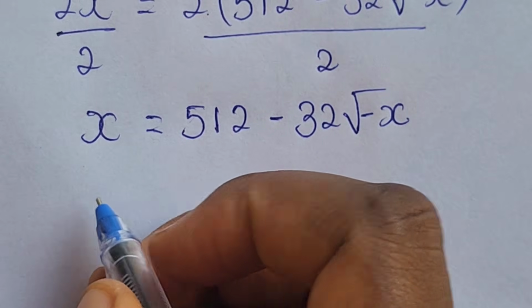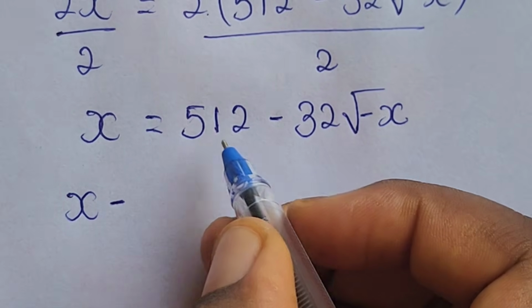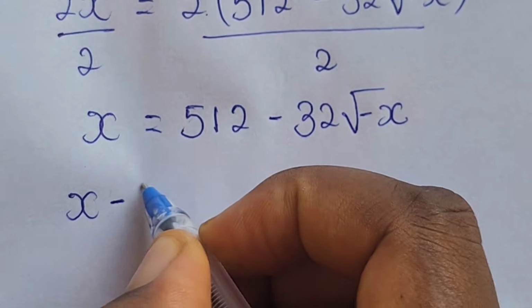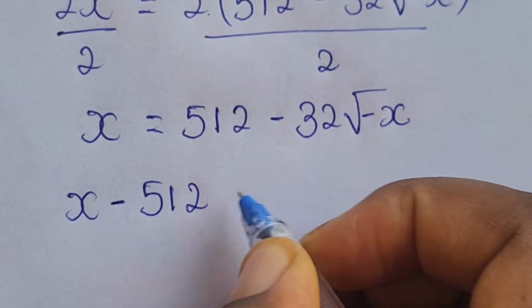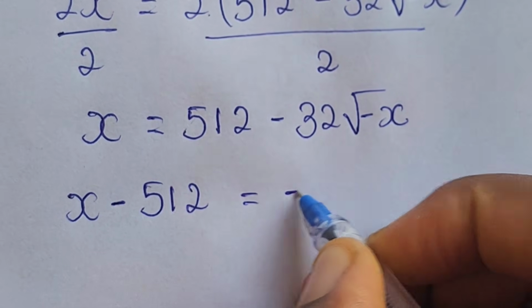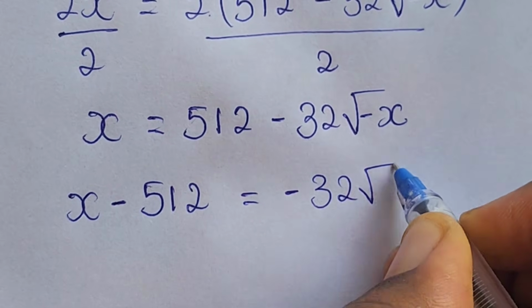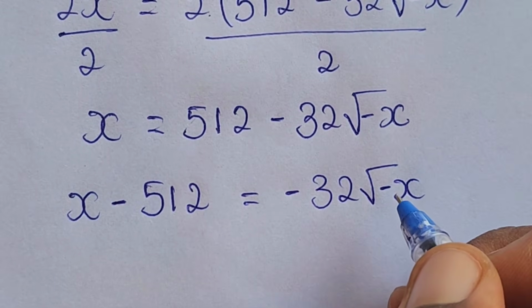So when we rearrange this, we can have x, this 512 crossing over becomes minus 512 is equal to minus 32 root minus x.